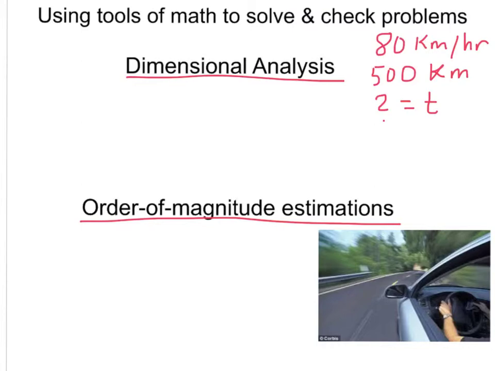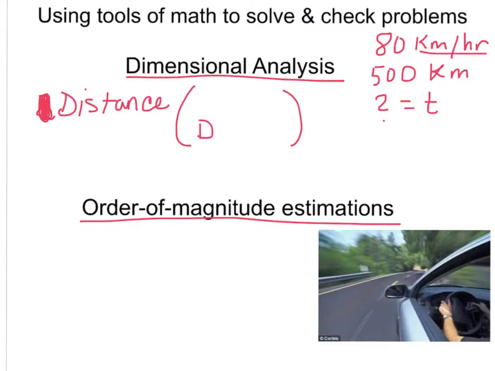But here, you know that if you're traveling some distance, you know that that distance in kilometers is multiplied by a conversion unit relating the distance and the time. You could put distance on the bottom, right? And you can put time on the top. When you multiply those together, the distance cancels out and you're left with time.